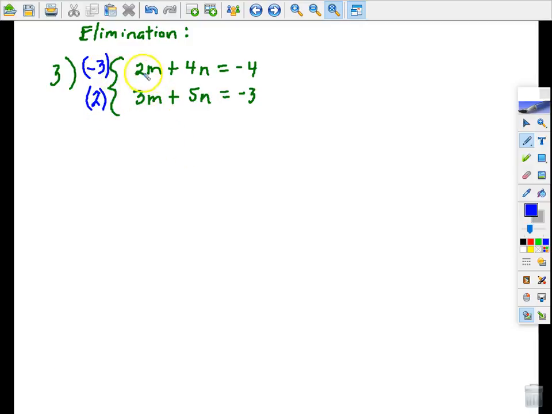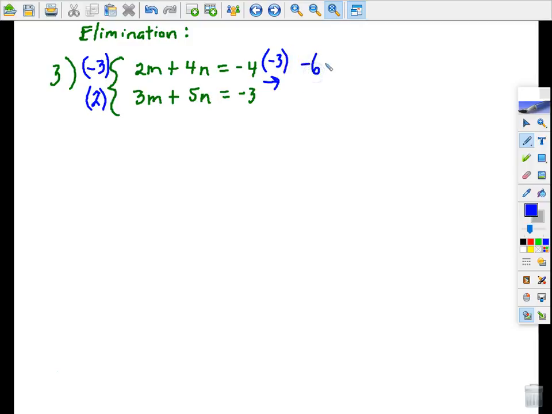So I'm going to end up with negative 6m on the top, positive 6m on the bottom, and if I just add those together, then I will cancel or eliminate. So just don't forget, a common mistake for people to make is when you choose a number to multiply times this equation, you're multiplying by the whole equation, both sides, every term.